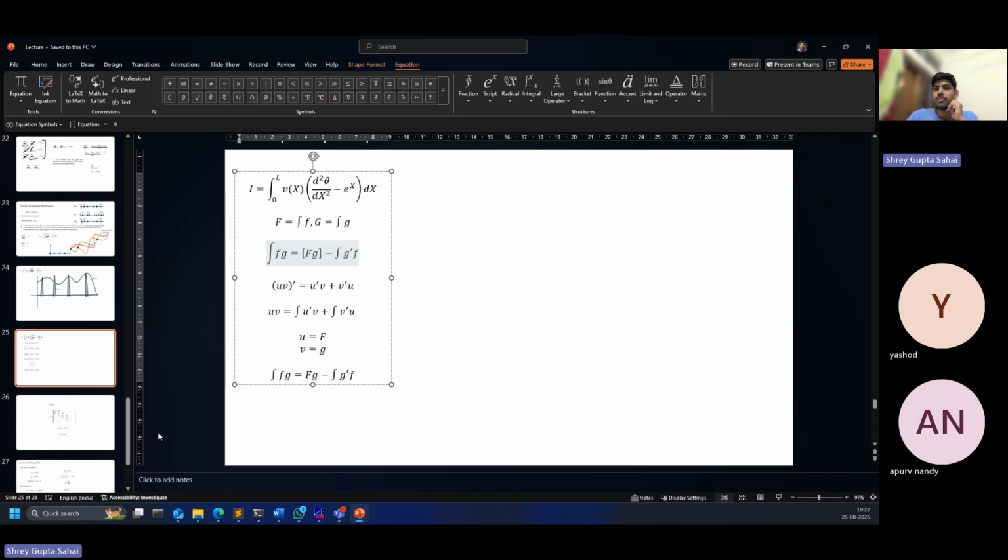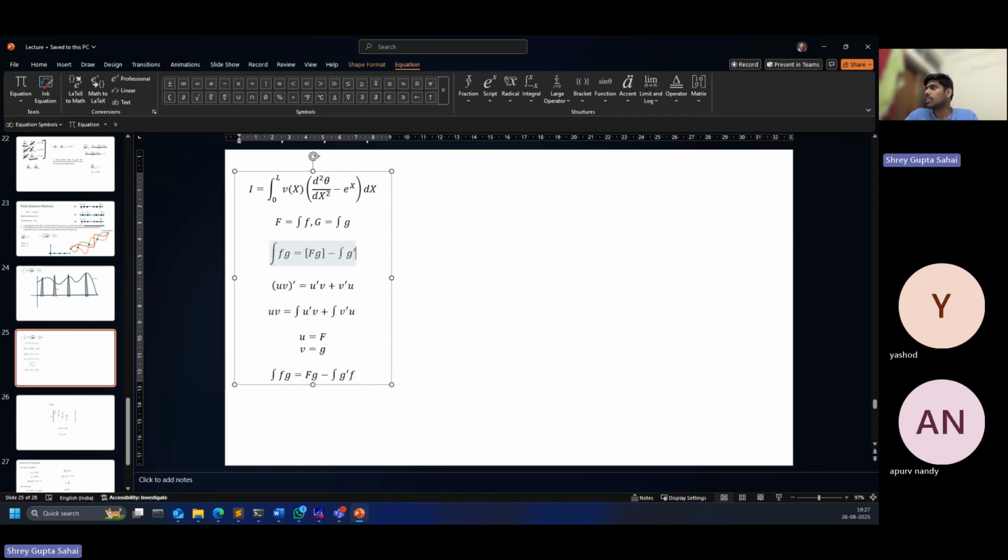Does anyone want to check if this is okay? I think this is fine because we just saw we can see it from here. This one I think is bulletproof now. So you integrate the first one, do not integrate the second one, then you subtract, differentiate the first one, second one, and then keep on double integrating.